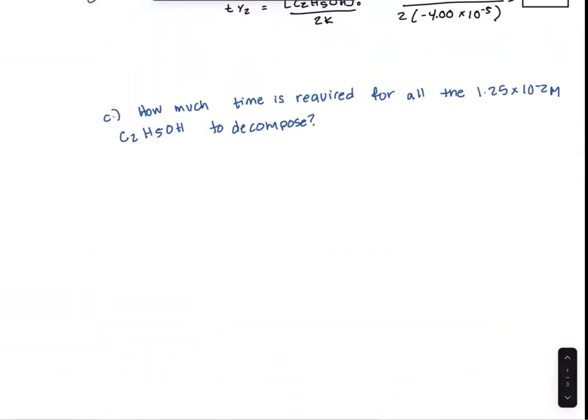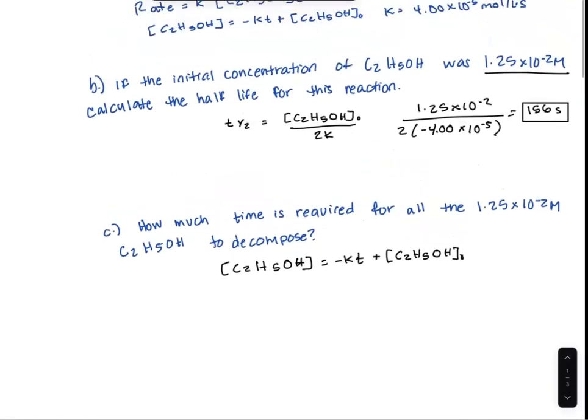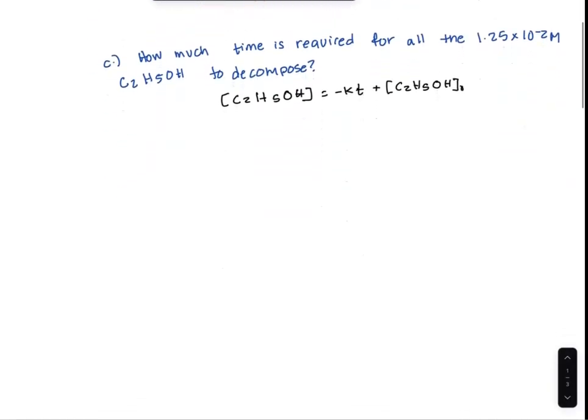All right. So our concentration, C2H5OH, equals negative K constant times time plus concentration again, C2H5OH not. Some of these numbers we can get from the problem itself because they were given.